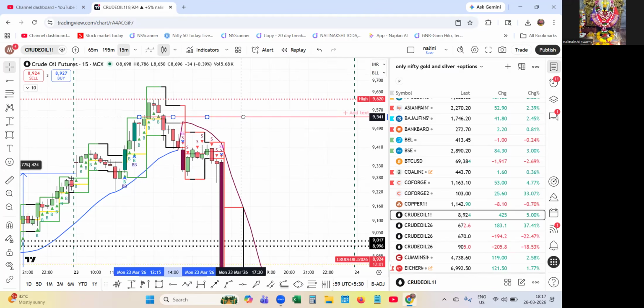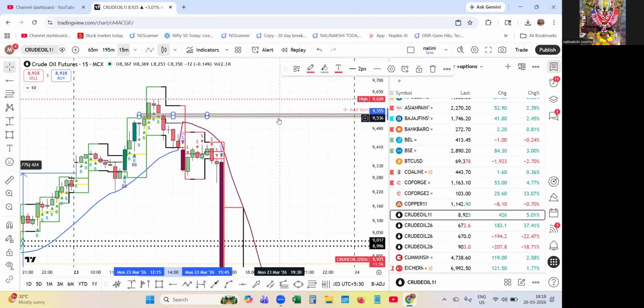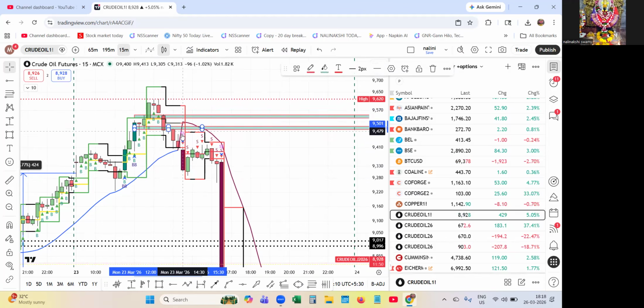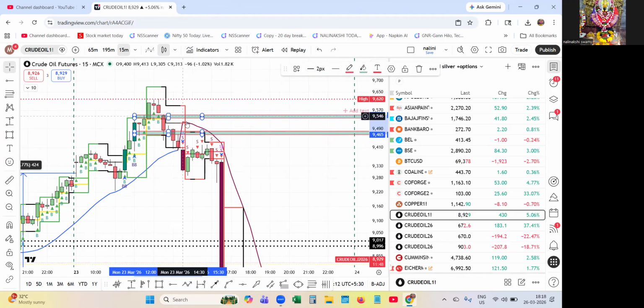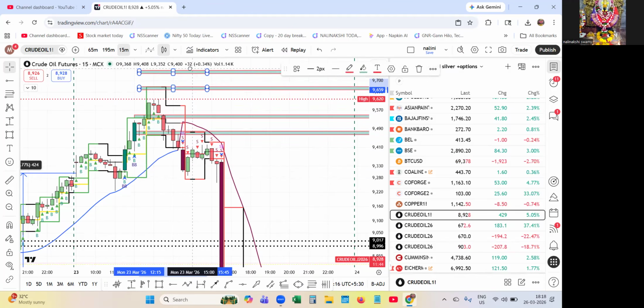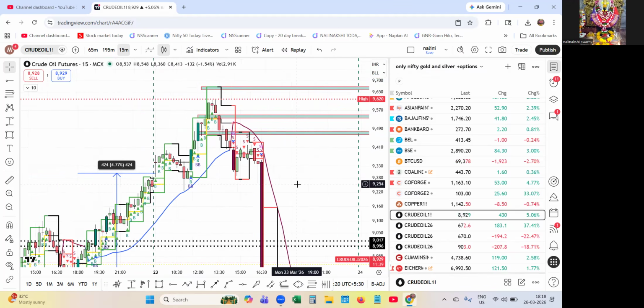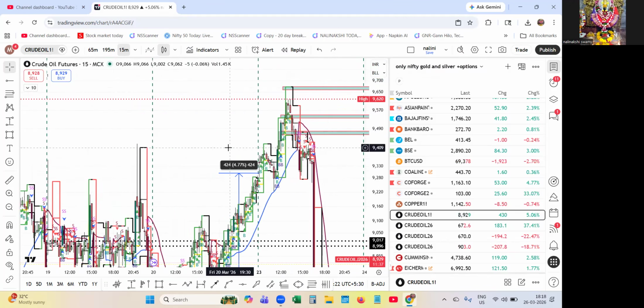Let that be green. From there only it has become red. This is the nearest reference level for the crude.